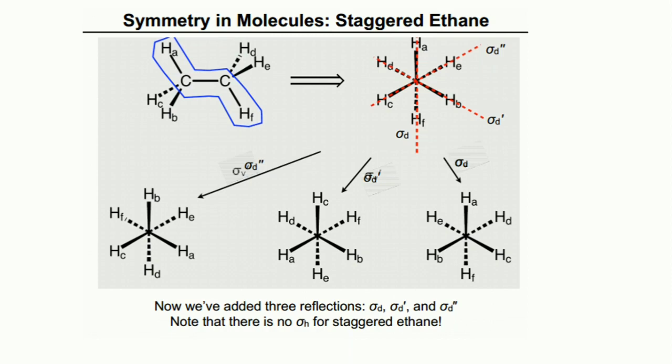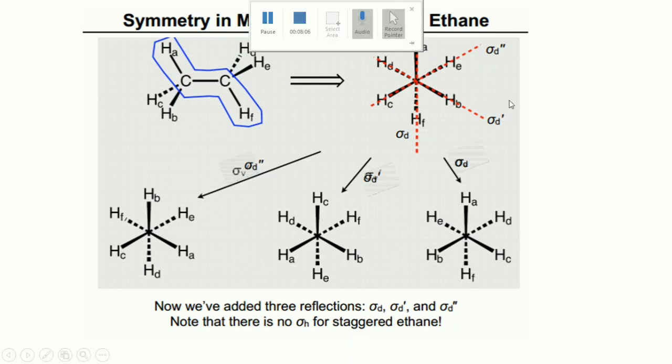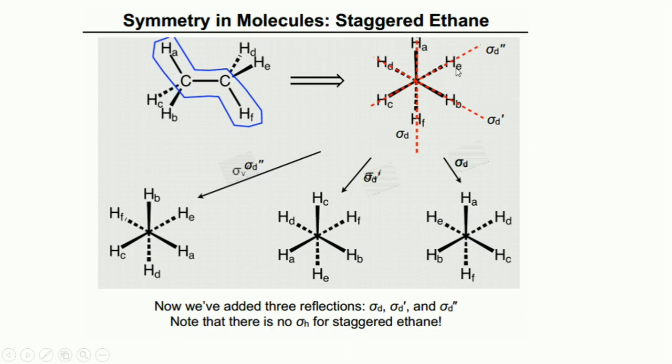The third sigma is the sigma d double dash. Actually this is the plane of symmetry of this sigma d double dash. So what will happen when we apply sigma d double dash to the staggered ethane? We can see that there would be no effect on HE and HC. If we apply the sigma d double dash, the HE and HC positions would not be changed.